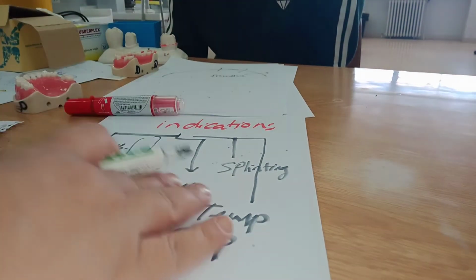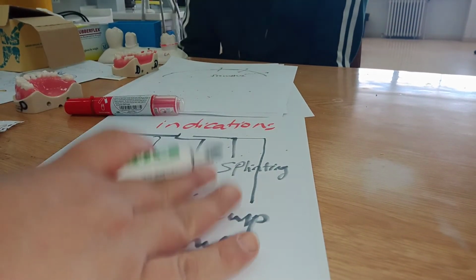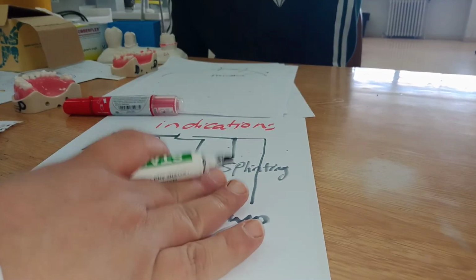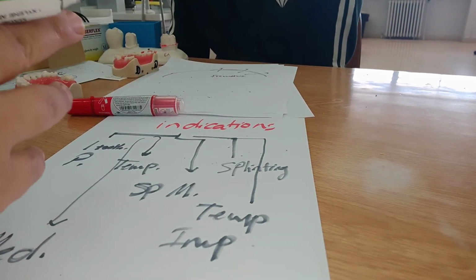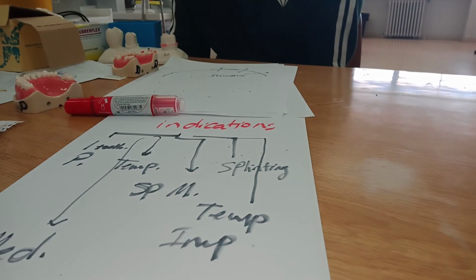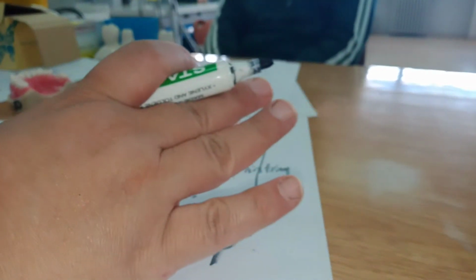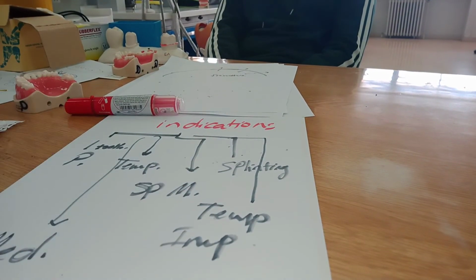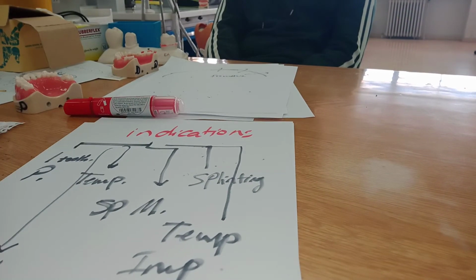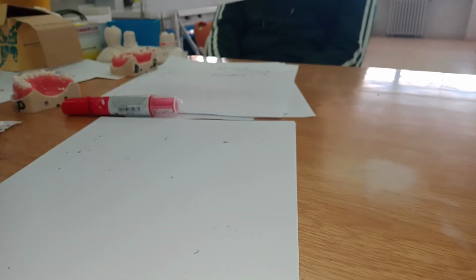So if they have Maryland bridges or adhesive bonded bridges attached, this should be clearly written. And the good thing, this system may not be in all countries, but dental and medical records are in the same place. So the anesthetist would take care if they have a resin bonded bridge when they intubate the patient, in cases they need general anesthesia. So, medically compromised patients.